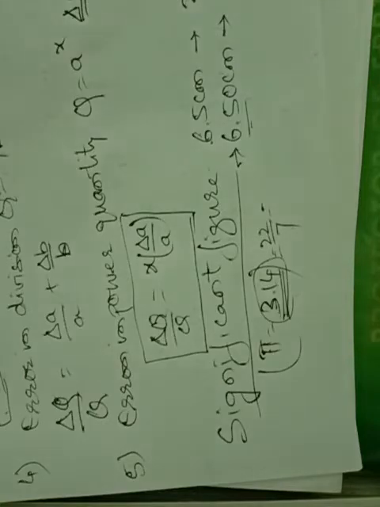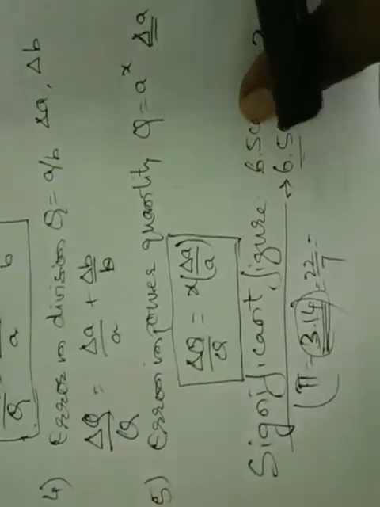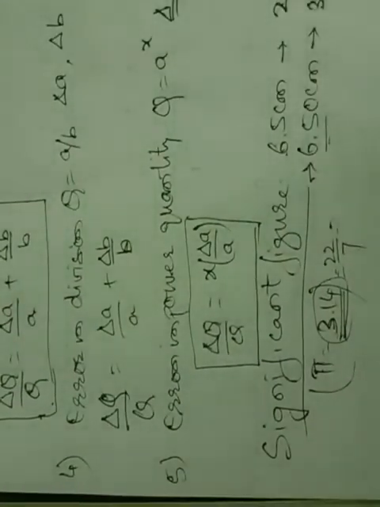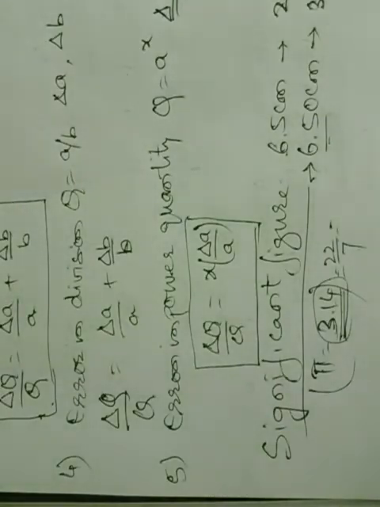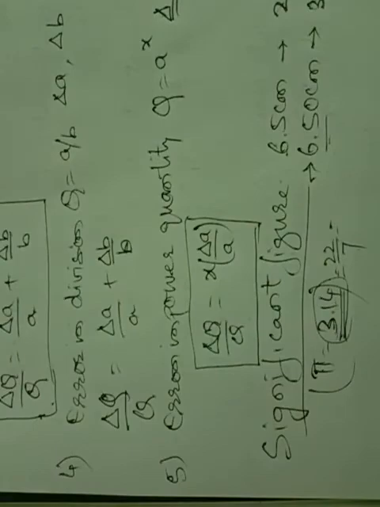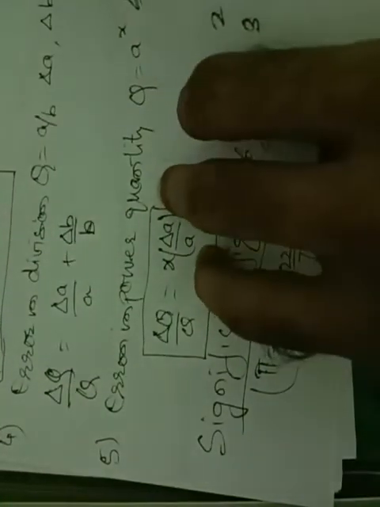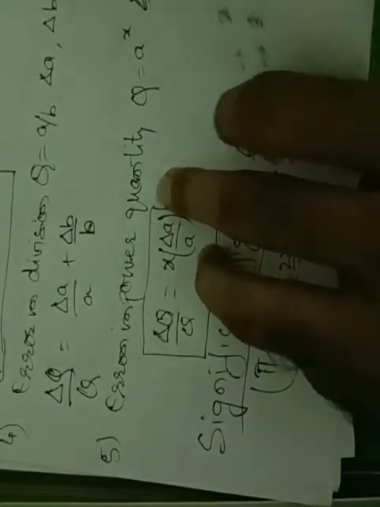Now there are some rules. These rules are very important, the rules to find the significant figures. A 1-mark question may be asked: write the significant figures. So in case of significant figures, the first rule is that all non-zero digits in a number are significant.